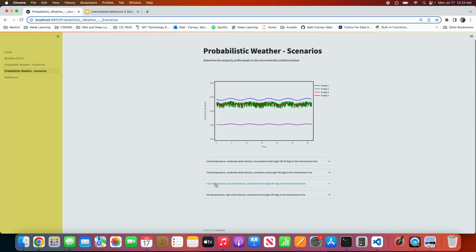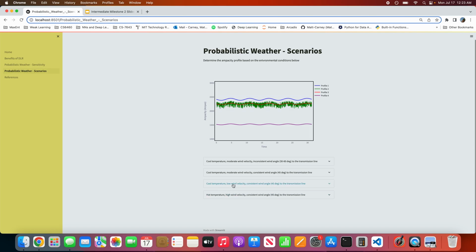And then for these last 2, they keep the consistent wind angle of 45 degrees, and instead they go cool temperature, low wind velocity, and hot temperature, high wind velocity. These are obviously qualitative variables that are being fit in there. But the idea is to say, which is more important here?